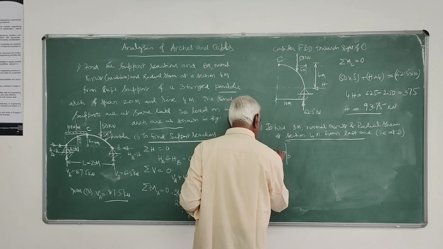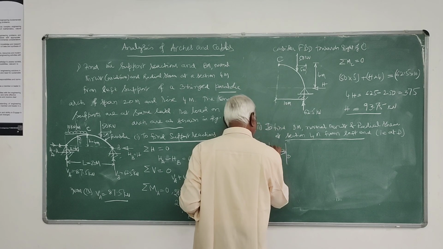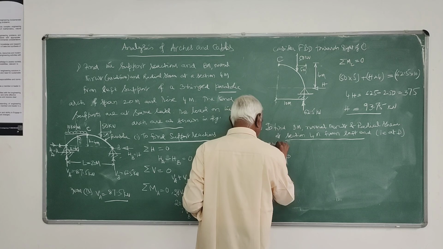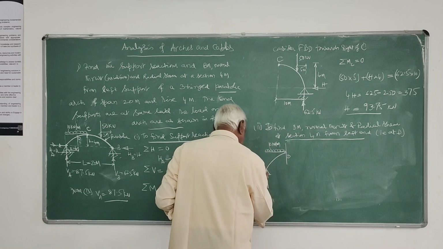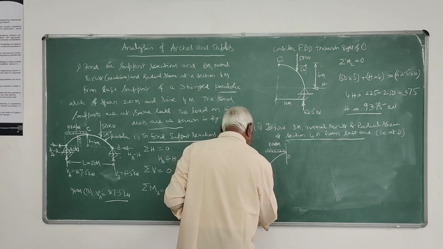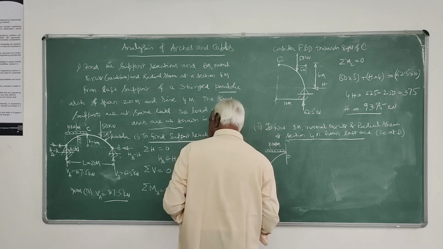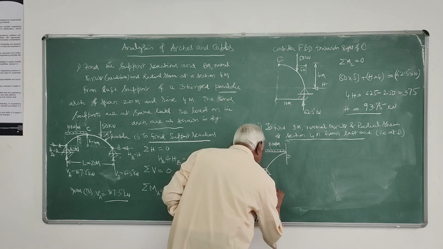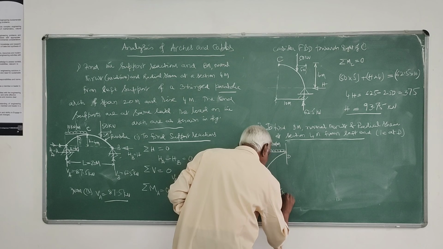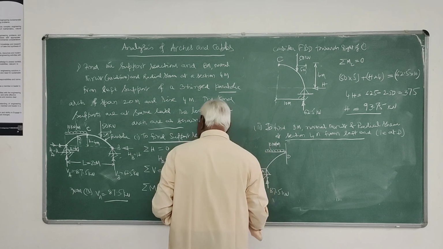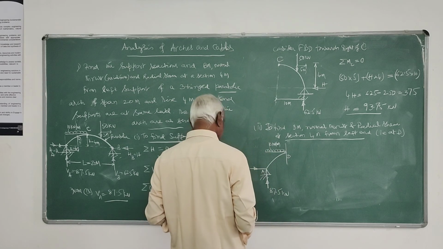One is, of course, the UDL, 10 kilonewton per meter, and the reaction at A, which you have determined as 87.5 kilonewtons, and this H, which you got as 93.75.